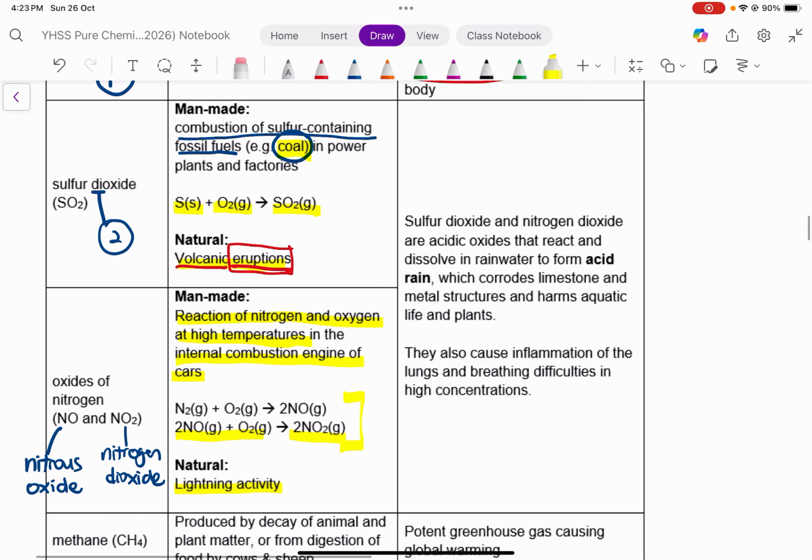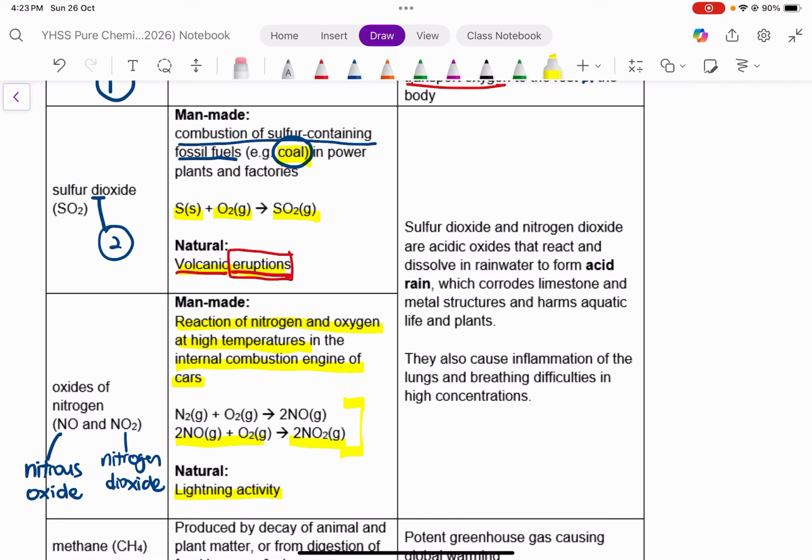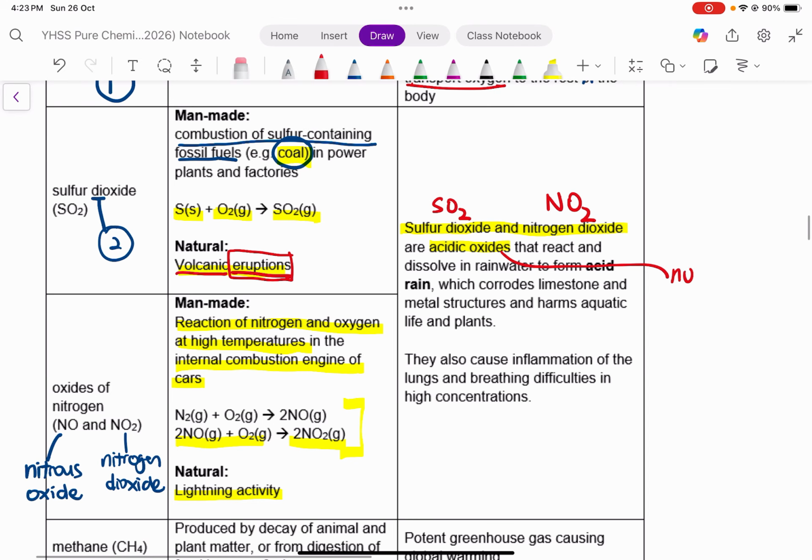Now let's look at the effects of both sulfur dioxide and oxides of nitrogen. The good news is the effects of sulfur dioxide and oxides of nitrogen are common, because sulfur dioxide and nitrogen dioxide, SO2, NO2, they are both acidic oxides. So let's recall, acidic oxides are non-metal oxides.